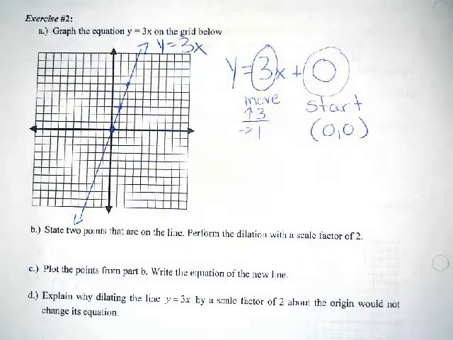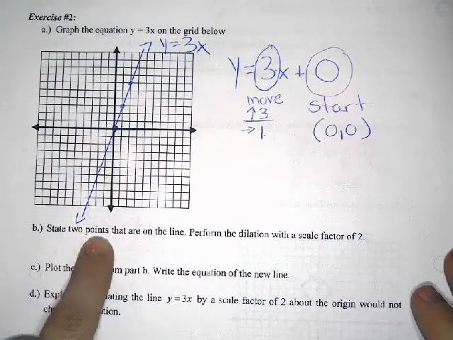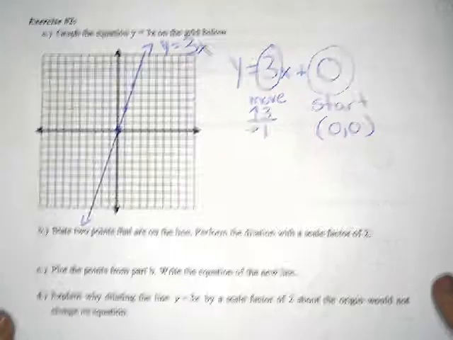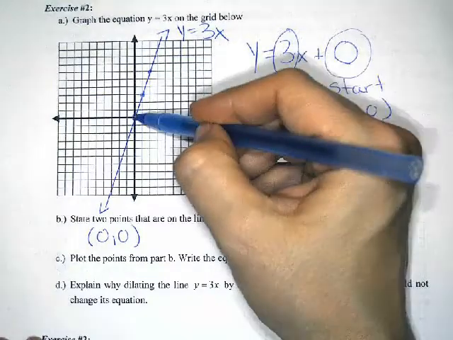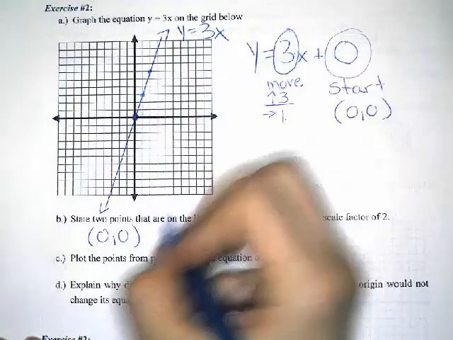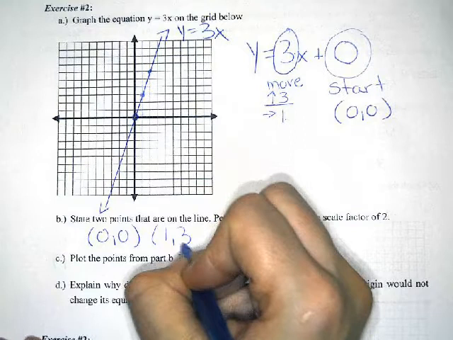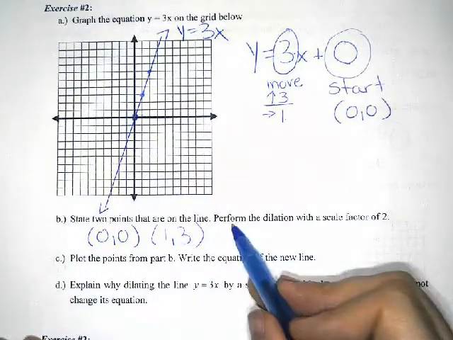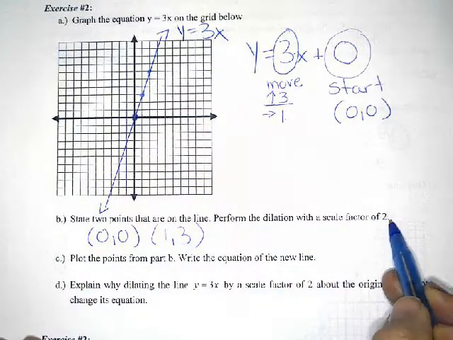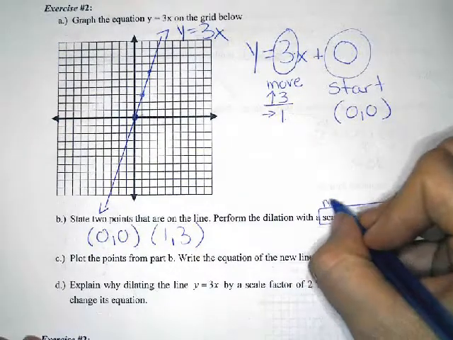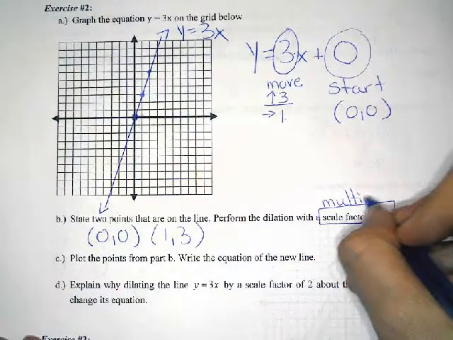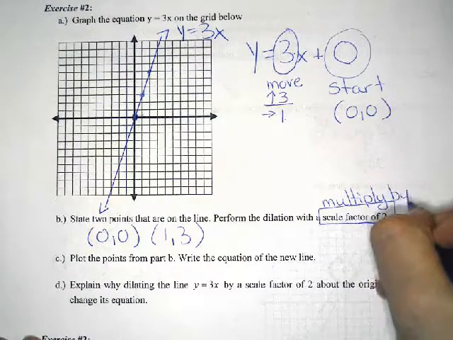Okay, now I'm going to pick any 2 points off the line as it says. State 2 points that are on the line. Okay. 0, 0 is one of them. And 1, 3 is another one. Now it says to perform the dilation with a scale factor of 2. So remember, scale factor of 2 means to take those coordinates and multiply by 2.